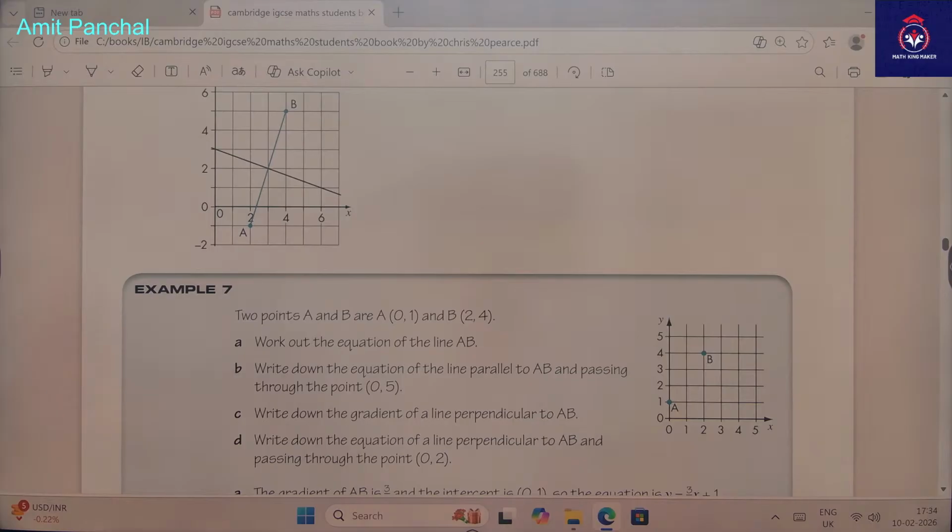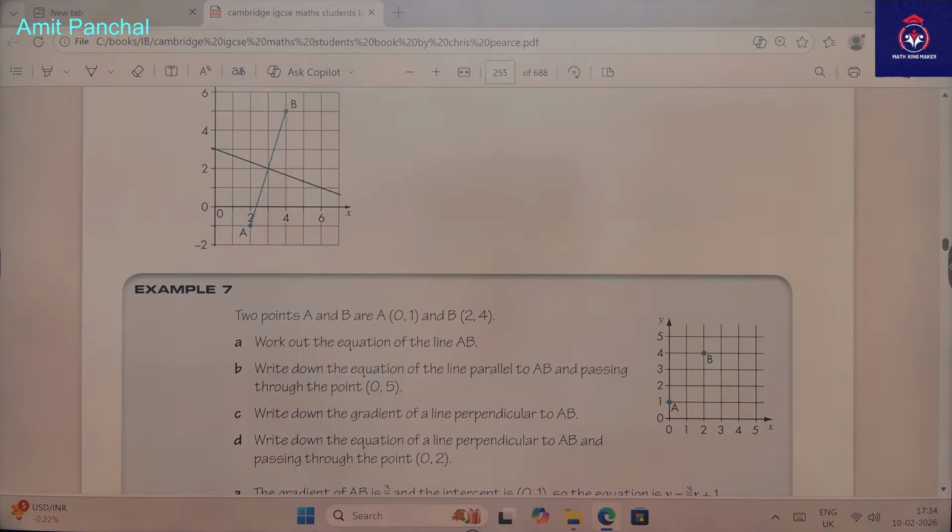Then we will have done the gradient already, minus 2 by 3.